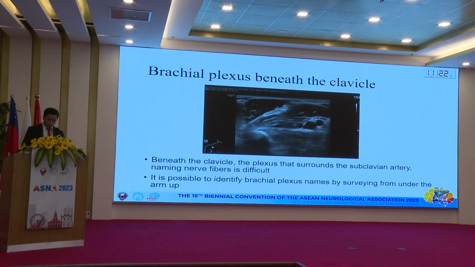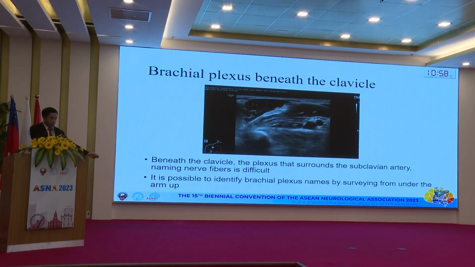Beneath the clavicle, the plexus surrounds the subclavian artery, and naming the nerve fibers is difficult. It's so difficult, but it is possible to identify by scanning from down to up.